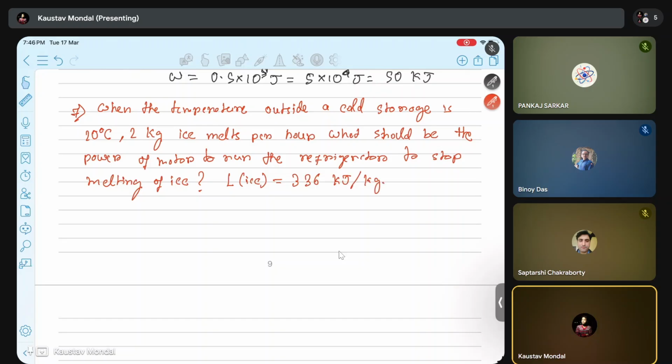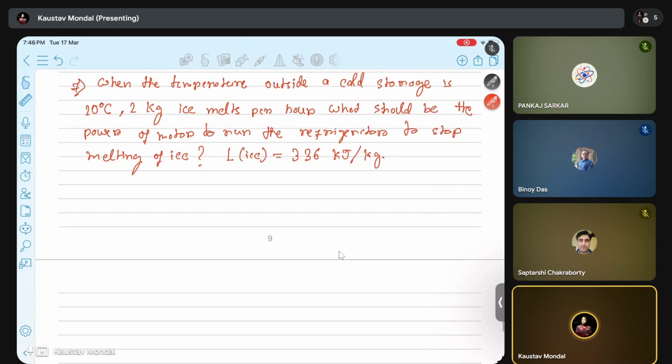The options are: option A 21.3 watt, option B 13.6 watt, option C 22.5 watt, and option D 31.4 watt.